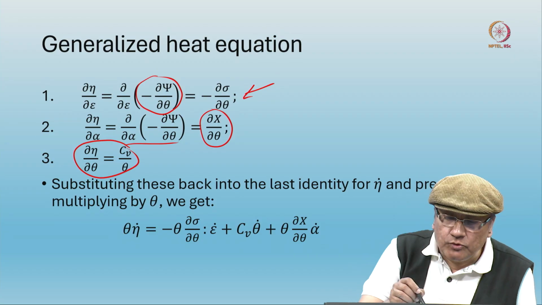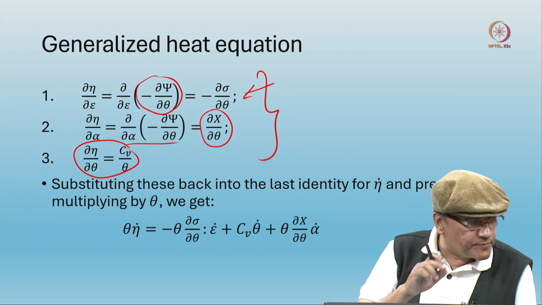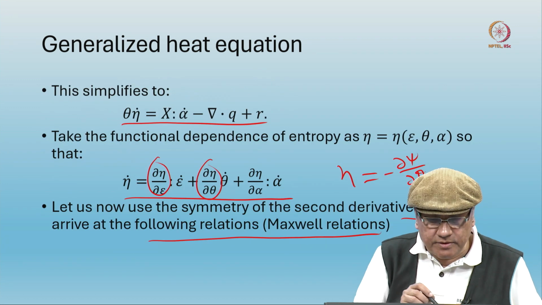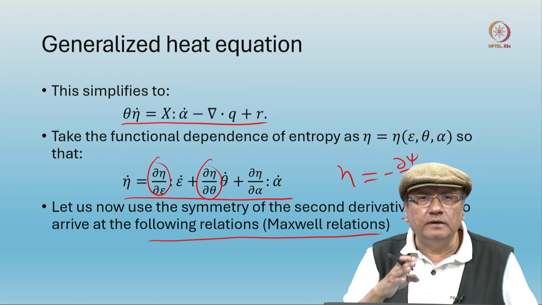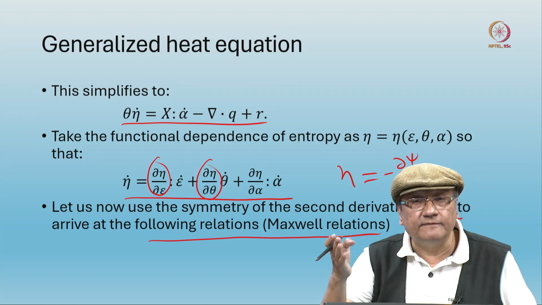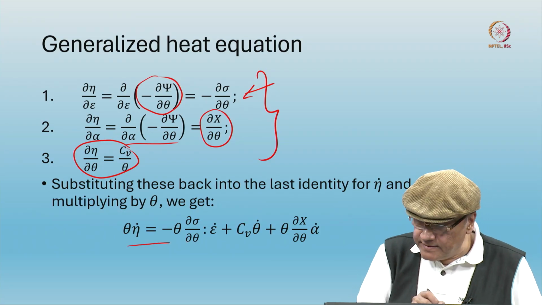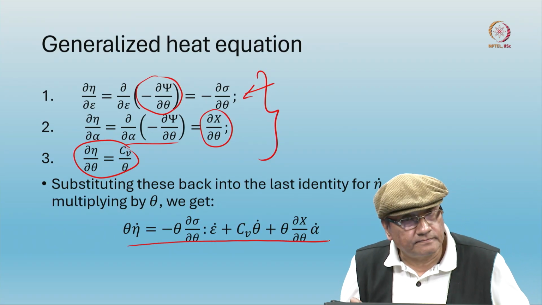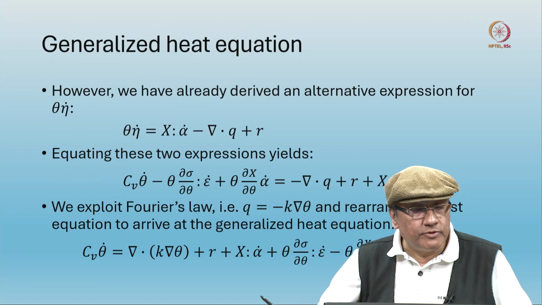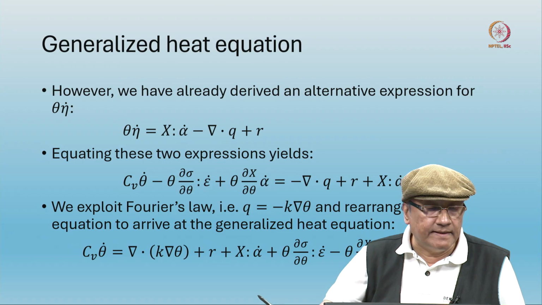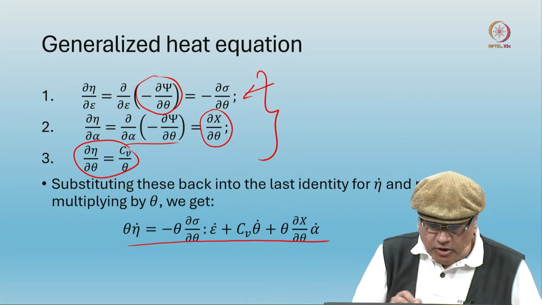So, if you substitute these Maxwell's relations in the expression for eta dot, based on the functional dependence of eta on quantities like epsilon, alpha and theta, then you get this. So we have theta eta dot equals this.